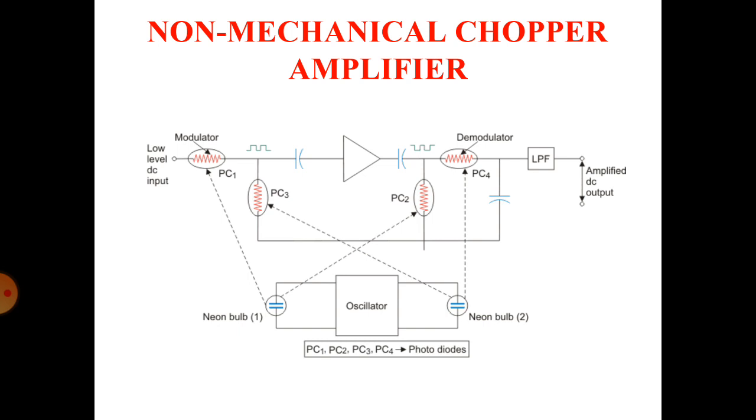This neon bulb 2 is the demodulator circuit. The low level DC input which is given to the modulator circuit will modulate the signal. The photodiodes are forward biased, which means the photodiode will glow according to the neon bulb input.